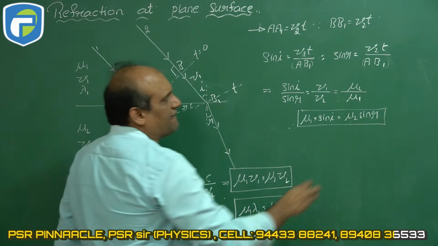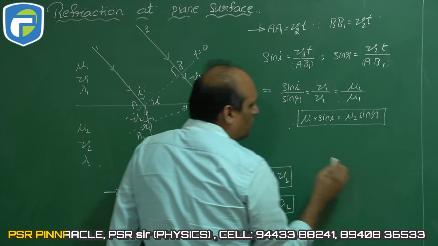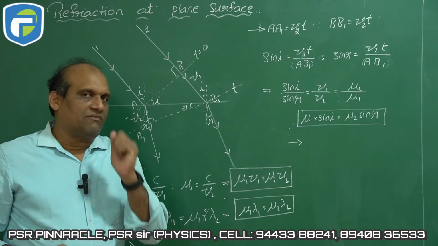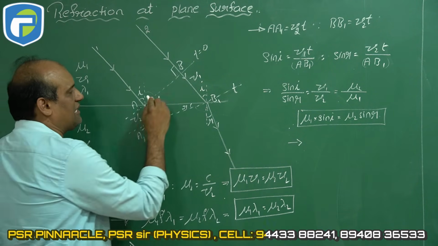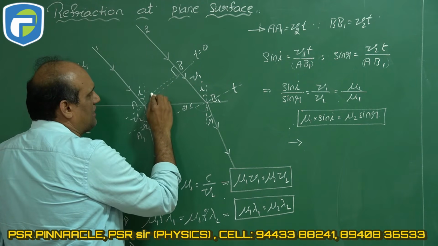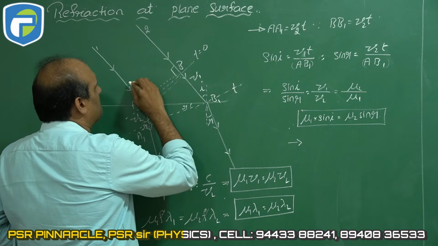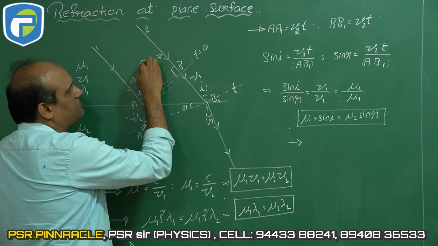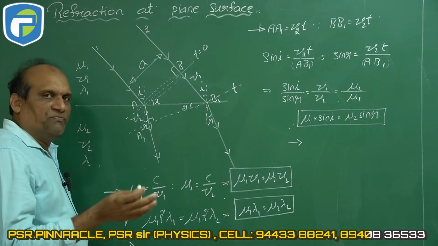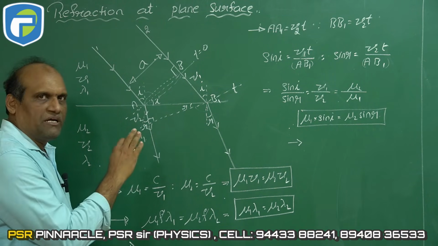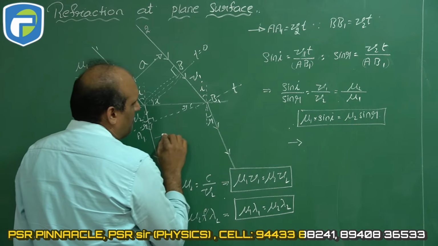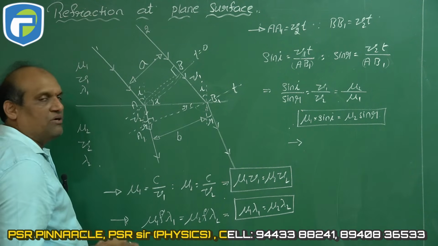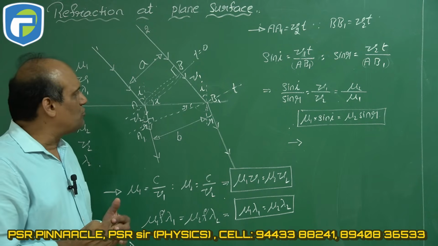And one more thing here, about the diameter of the beam. Here I am going to take this beam of light rays, and the difference between these two rays is equal to A in the first medium. Here the diameter of this beam is, say, B in the second medium of refractive index mu2.